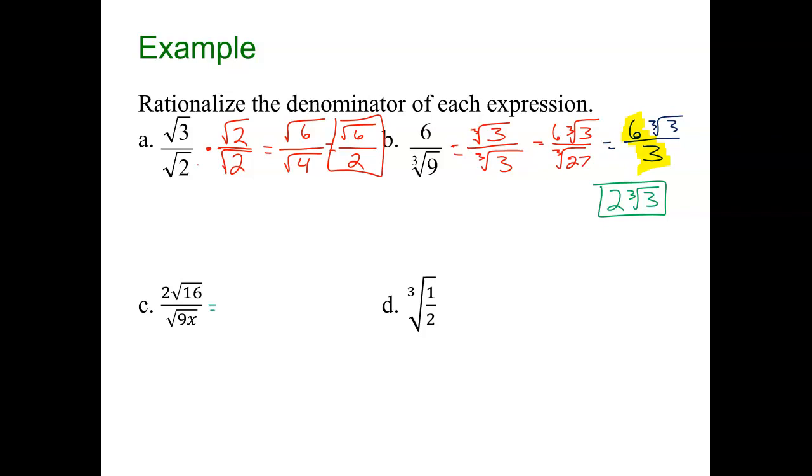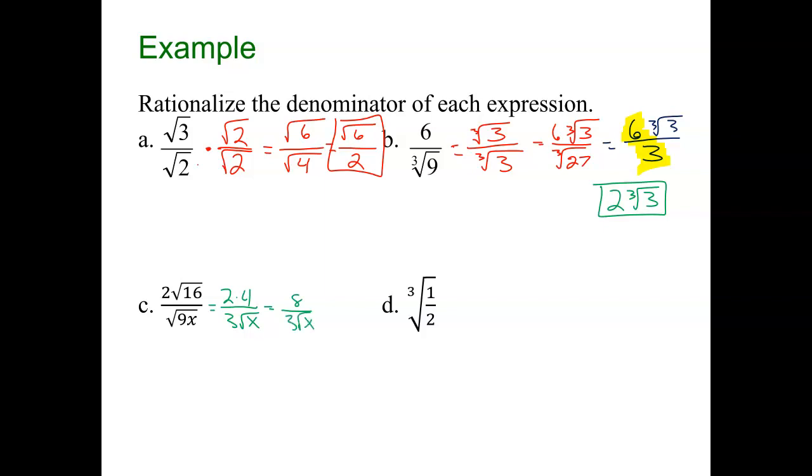Yeah, what is the square root of 16? 4. Can I simplify the square root of 9x? 3 square root of x. Now the only thing I have to worry about rationalizing is the x, not the 9x. So I have 8 over 3 root x.